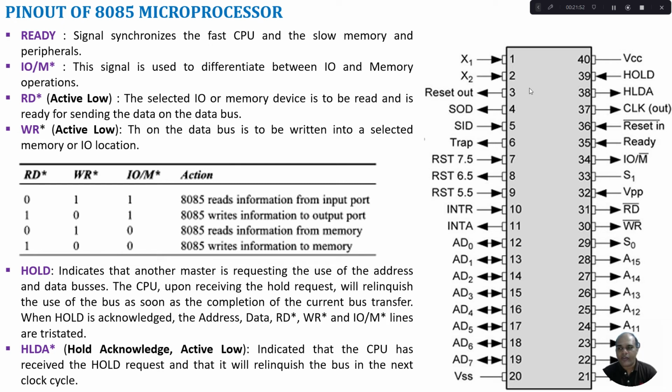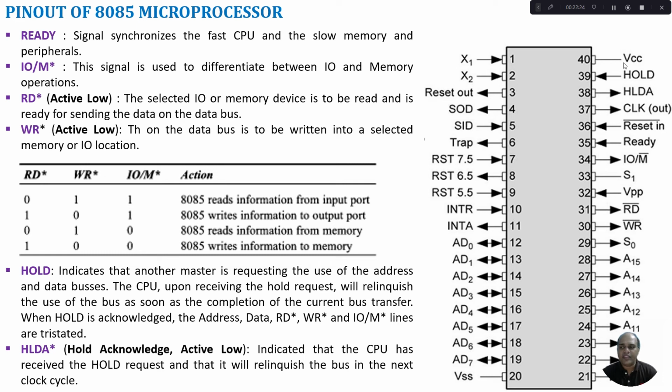Then we also have the HOLD and HLDA pins. HOLD is used when a DMA controller wants to use the buses of your microprocessor: the address bus, data bus, RD bar, WR bar and IO M bar lines. So it will make a request, and the request comes through this HOLD line to the CPU.